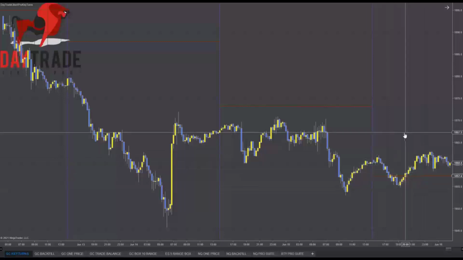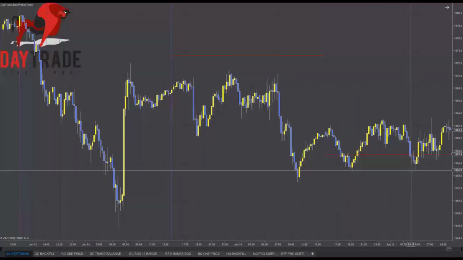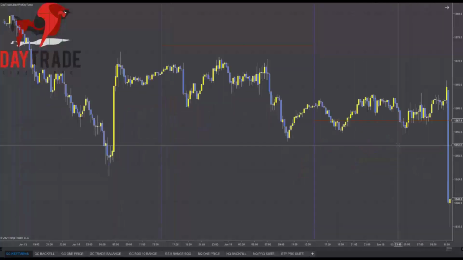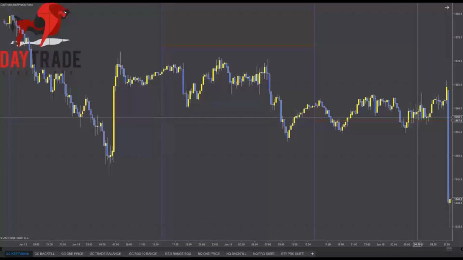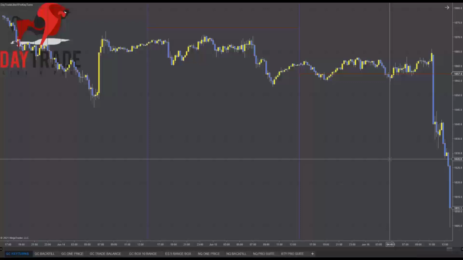We hold right there, and then can't really make a move out of here, but it doesn't really break over here either. So just trading in a range right around key turns, and eventually, if it can't get up out of this area, it is going to drop. That's pretty typical.